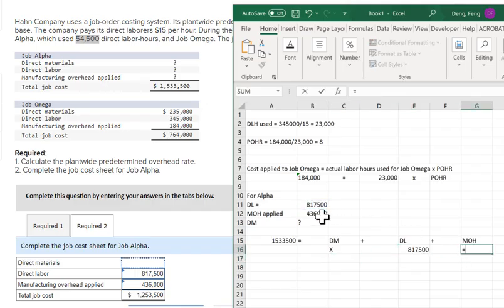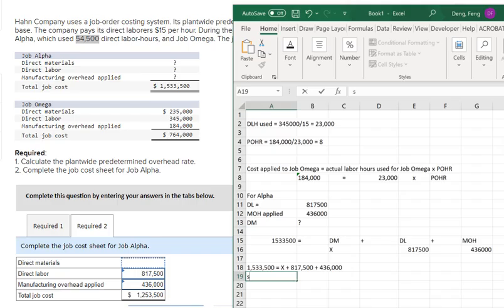So mathematically, I'm going to write this equation right here: 1,533,500 equals X plus 817,500 plus 436,000.